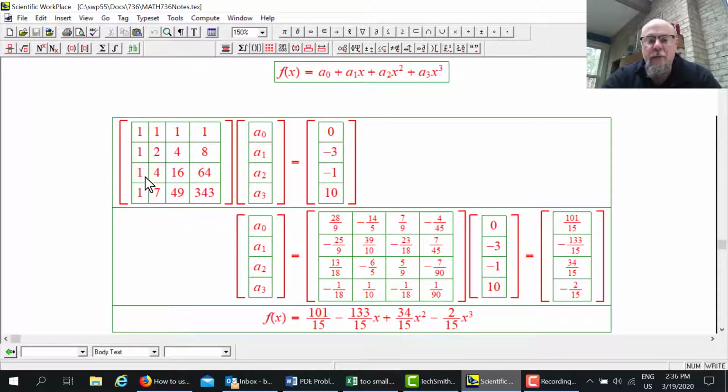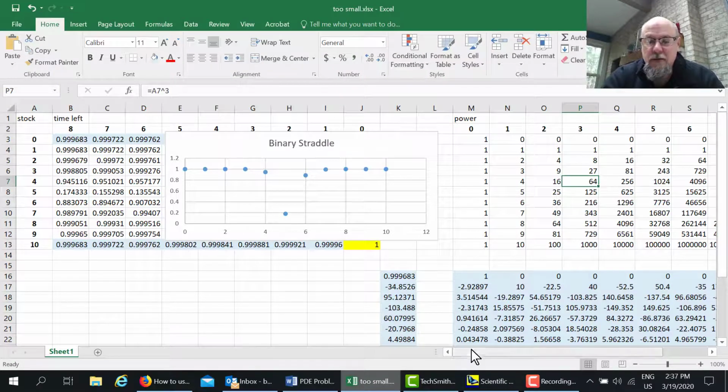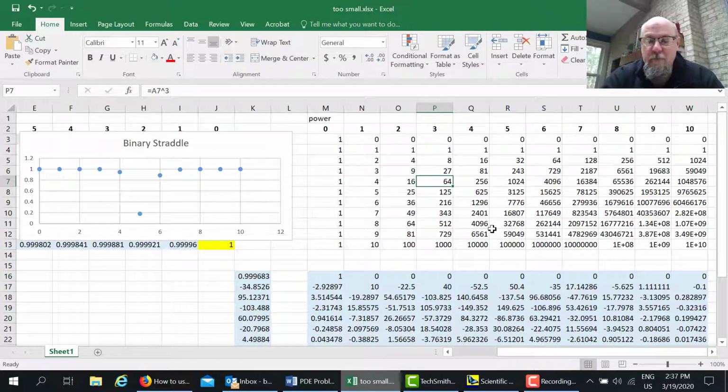But we could build that matrix and then easily take the inverse in MATLAB. And I'll bet MATLAB has a Lagrange polynomial command as well. But anyway, now we know how to do that with Excel.